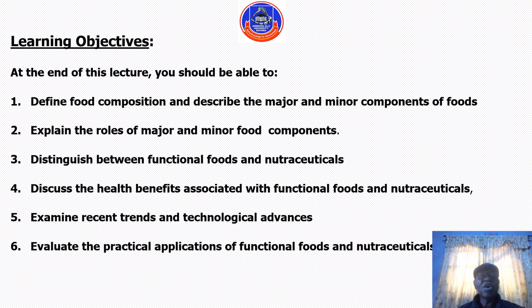What will be the objectives of this lecture? At the end of this lecture, you will be expected to define food composition and describe the major and minor components of food. You will be expected to explain the role or roles of major and minor components of foods.